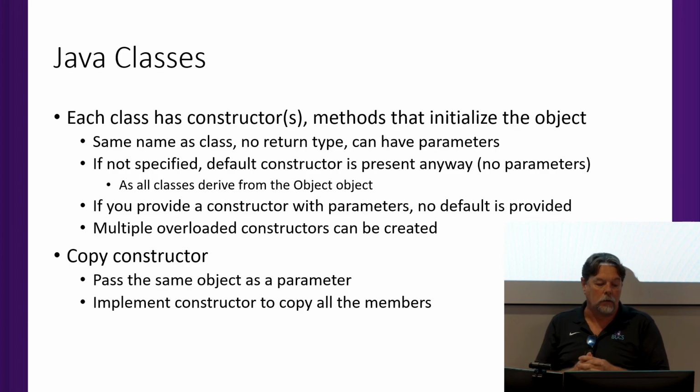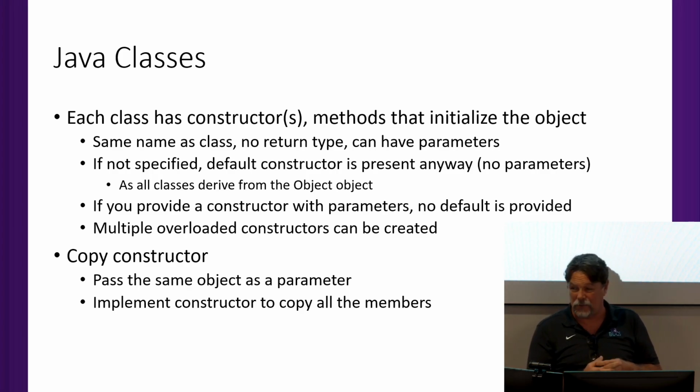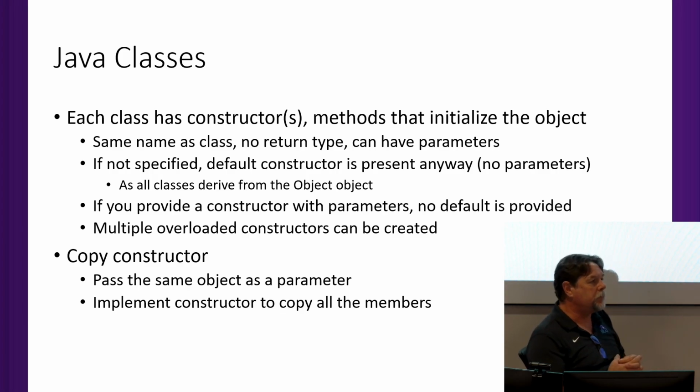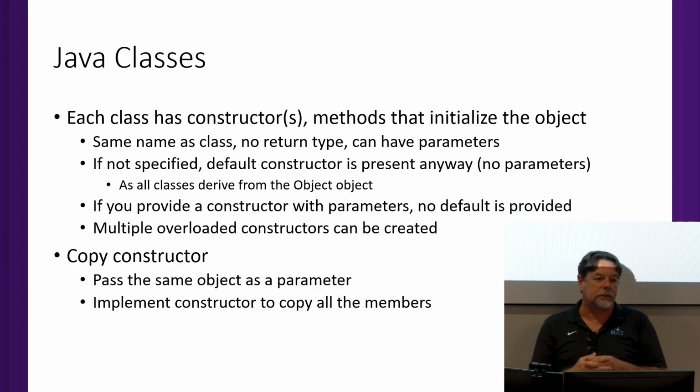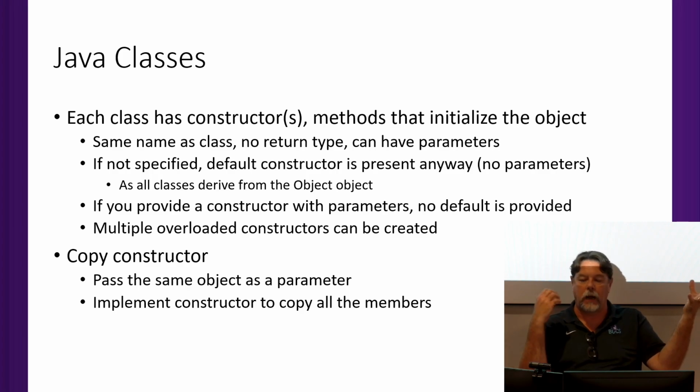And then there's this other thing called a copy constructor, and that's useful because sometimes you want to make it really easy to say, I've got this client object and I just want a copy of it.